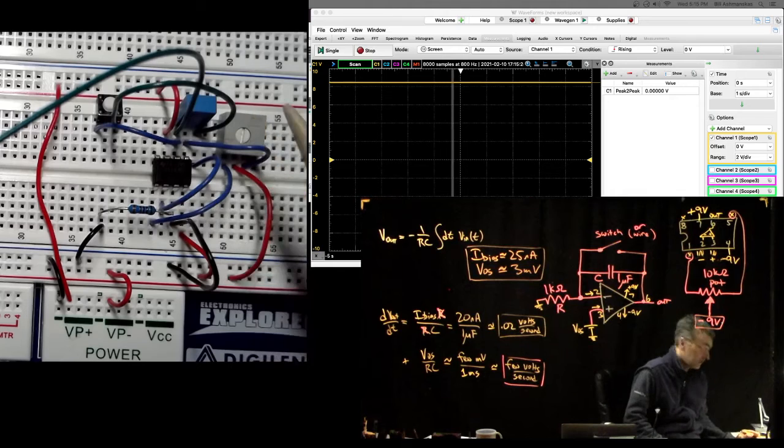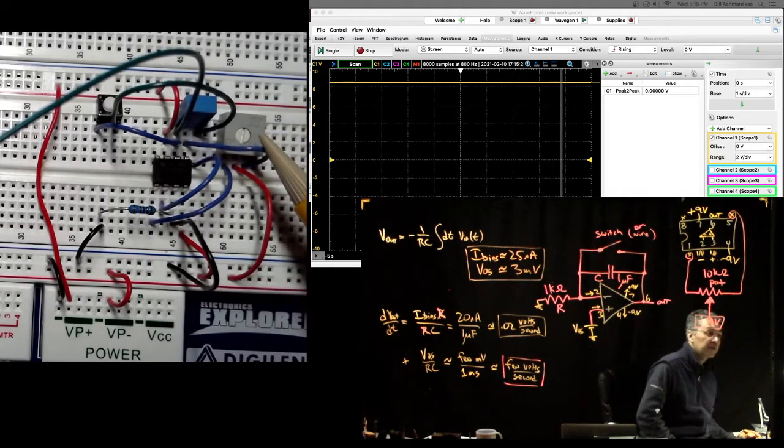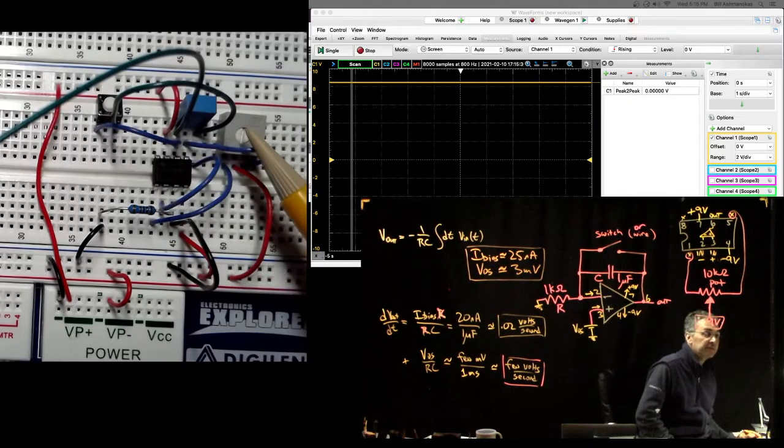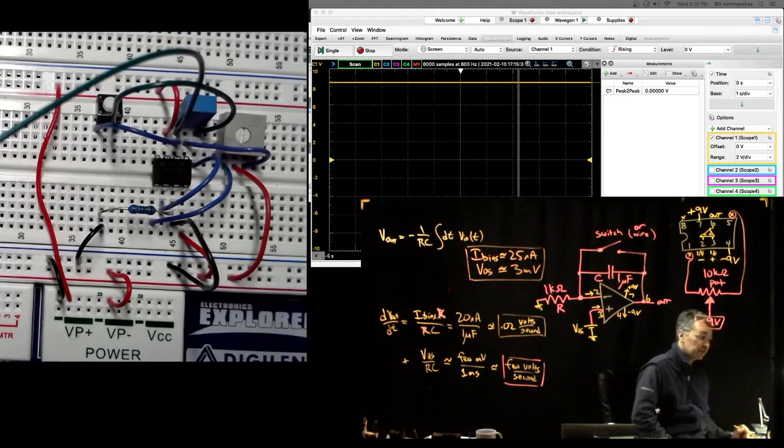The right end is this other blue wire going to pin 5. And the middle of the potentiometer is this red wire going to minus 9 volts.